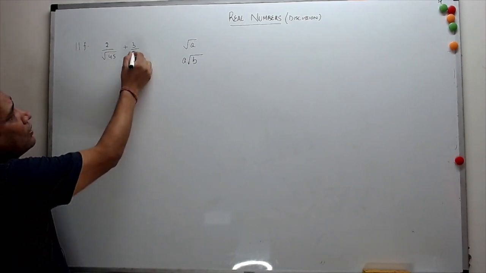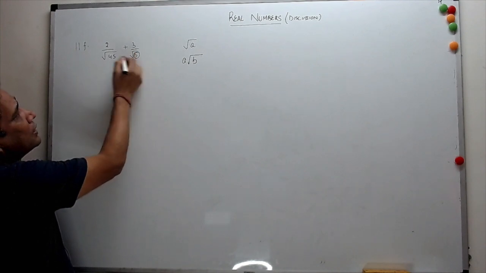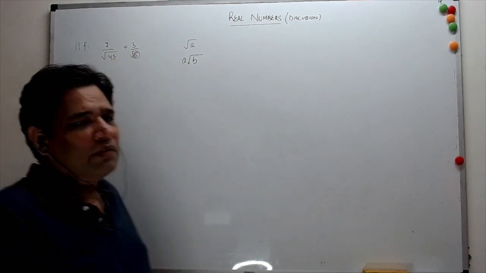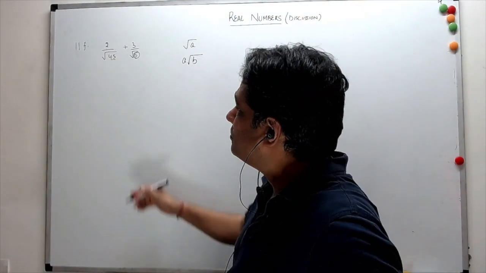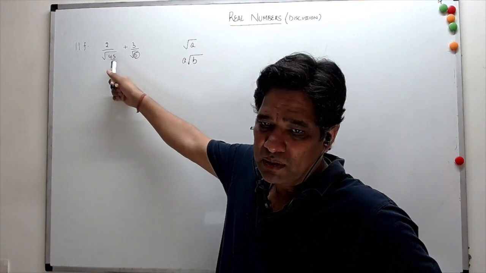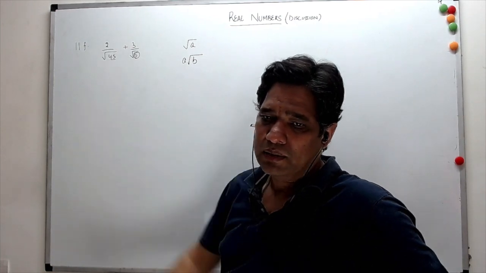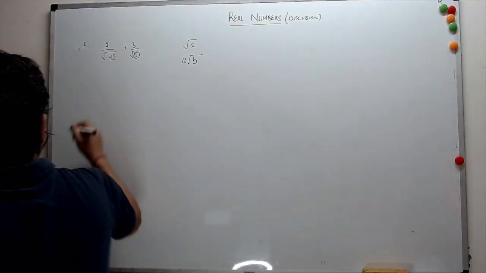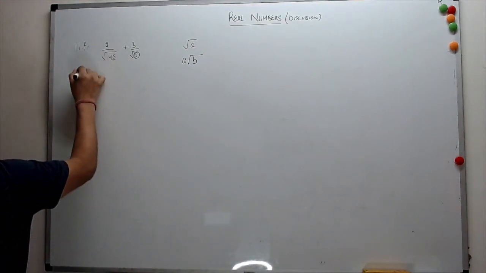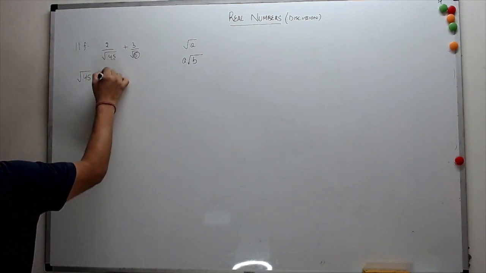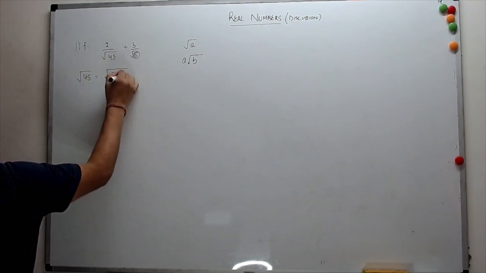At least what I know is that 5 over here and 45 over here may be relatable in some ways, in terms of the fact that 45 is a composite number, and we know that we can prime factorize it, and that would mean that root of 45 can be written as root of 3 into 3 into 5.